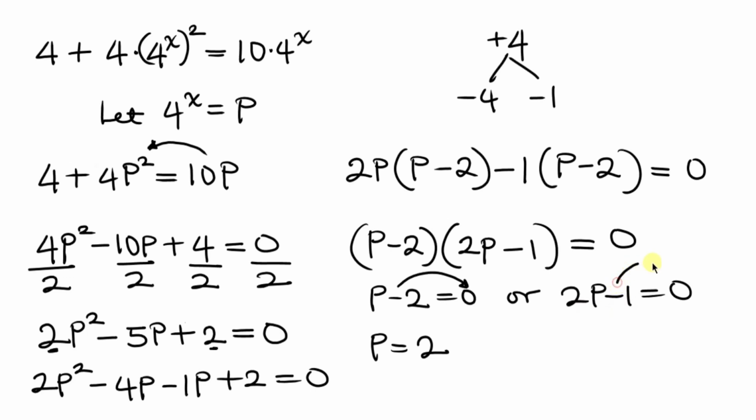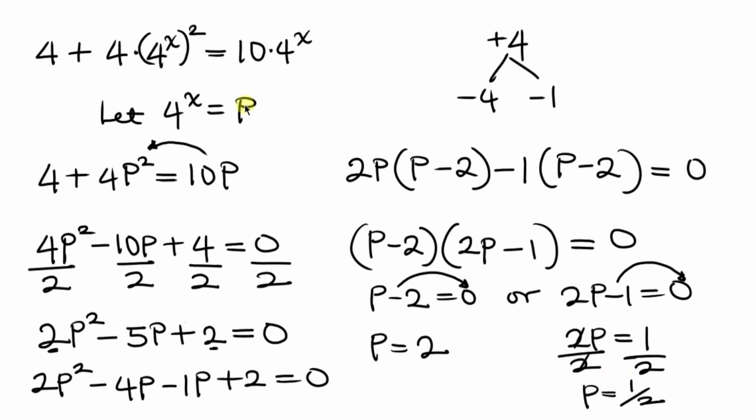Here, we move negative 1 to the right, so that we have 2p equal to, as negative 1 crosses, it becomes positive 1. And now dividing both sides by 2 so that we get the value of p. 2 cancels out 2, so we have p equal to 1 over 2. So there are two values of p. We have 2 and 1 over 2.